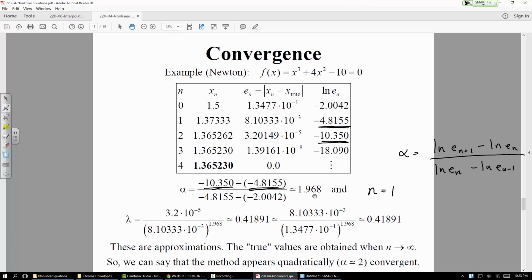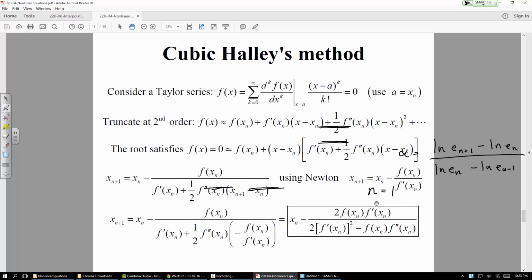If you use a more accurate one, you'll get some number closer to 2. Again, Newton's method has quadratic convergence, which means alpha should equal 2. Empirically, as n goes to infinity, this should approach 2. It can be a little bit more or a little bit less. And from this, you go back and you plug in values for lambda, and you see that lambda is roughly 0.4.